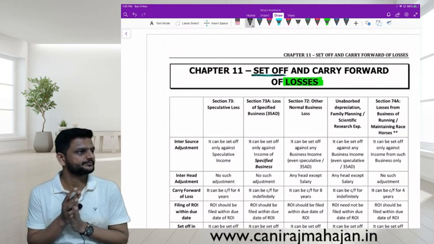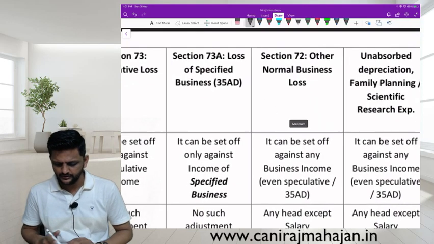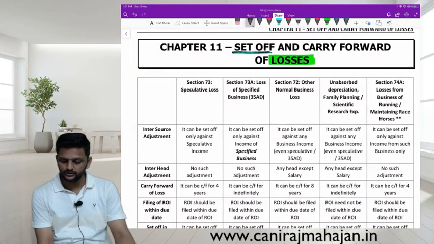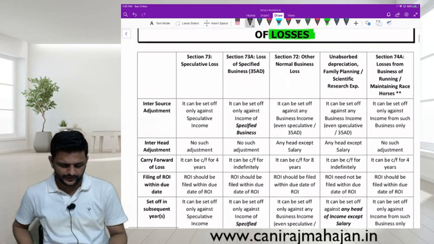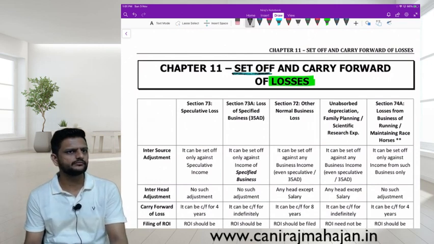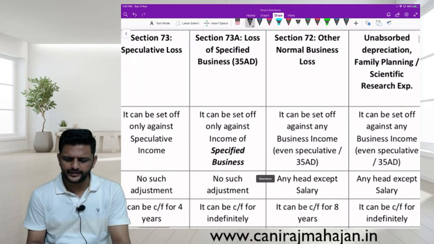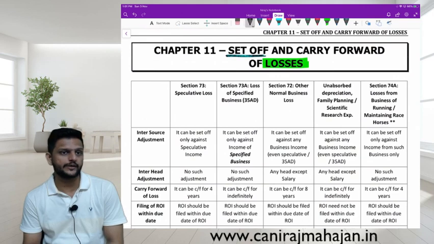How to check on the first page, section 72. Normal or other business loss. Inter-source adjustment. Inter-source means intra-head. Source means the same head of income. It can be set off against any business income or even speculative.